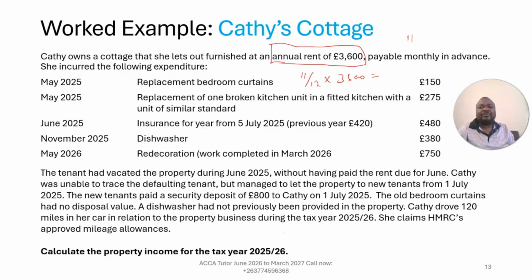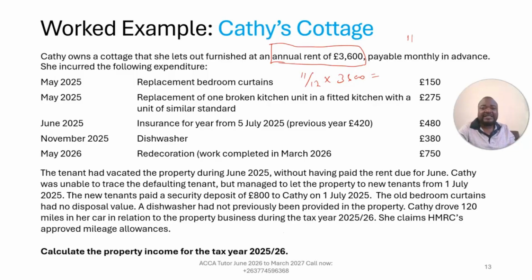In that case, you then have to deduct the rentals related to those months. Otherwise, everything which was received has to be taxed.